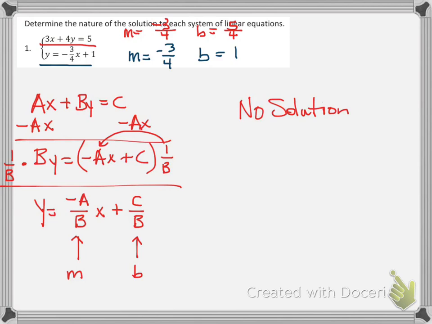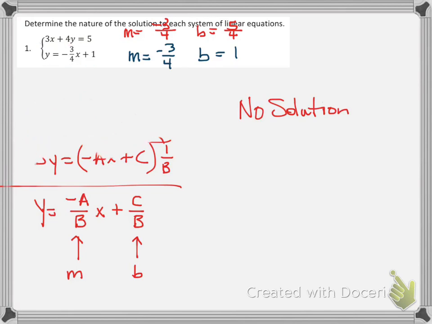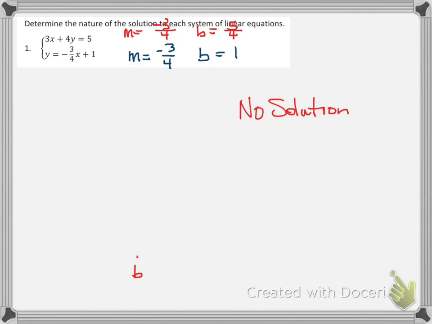And to just prove that, let me get rid of this and I'll show you what I mean by no solution. I know that y equals this expression, negative 3/4 x plus 1. So whenever I see a y in the other equation, I can substitute negative 3/4 x plus 1 for that y.